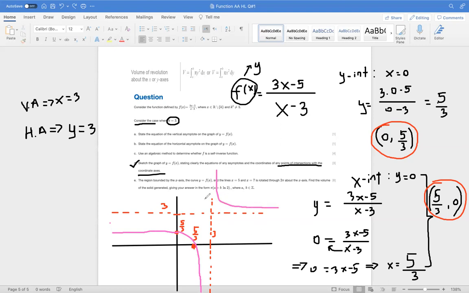Okay. And so that's it. The most important thing in this question is to show the x-intercept and y-intercept. As you see, I show both of them and the borders. Look here. My line doesn't touch any of these dashed lines. So that's it for part D.